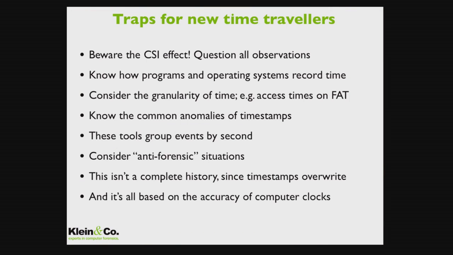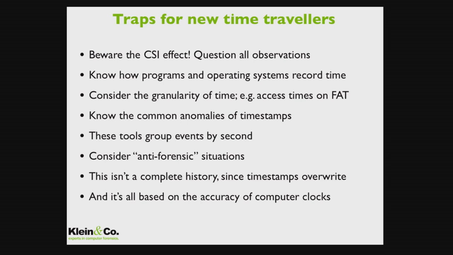I'll put up some of these now. So as I said, you need to understand where time comes from and how it's stored. So index.dat records, Internet History, will store time differently to, say, document metadata or to file system metadata. And also, don't assume that all timestamps come from the computer itself. Just because you've got timestamp information from a computer that you've imaged, some of those timestamps could be stamped by other computers.